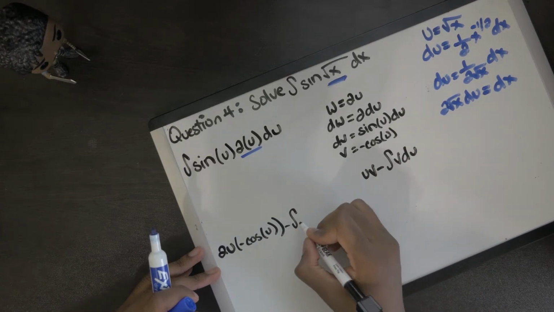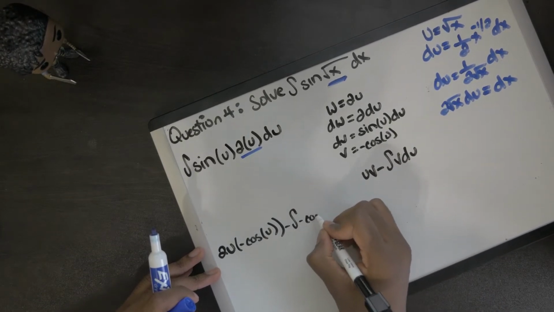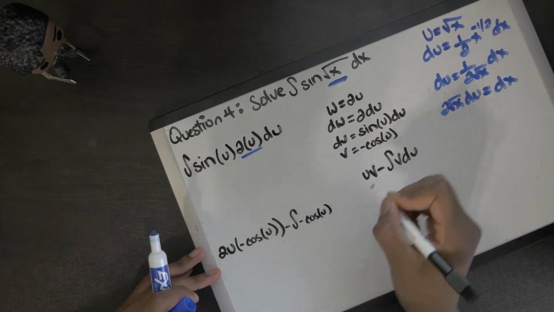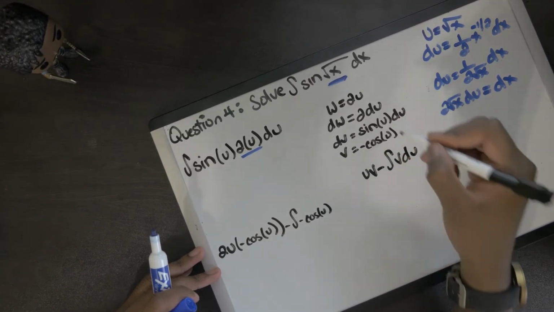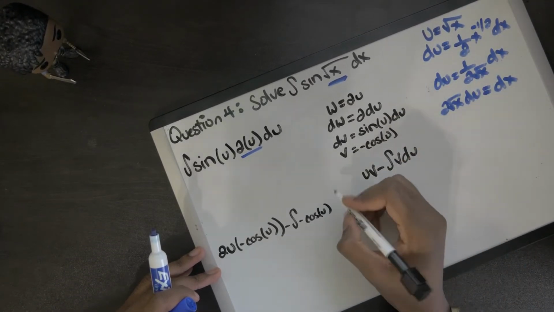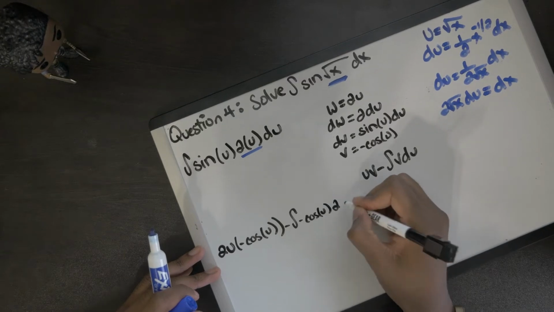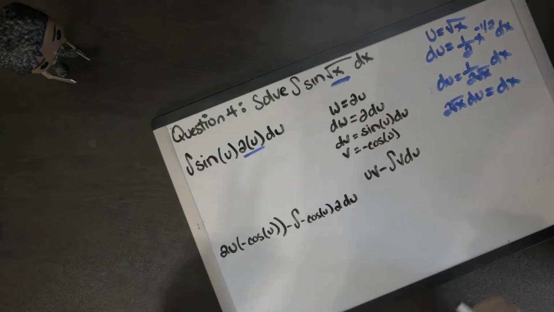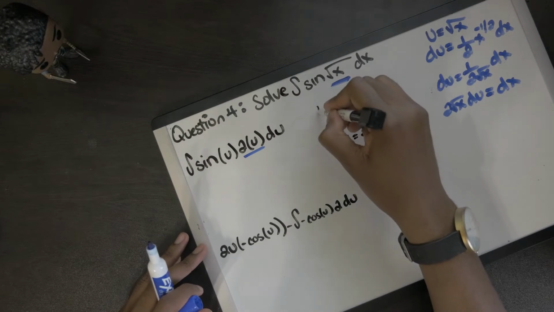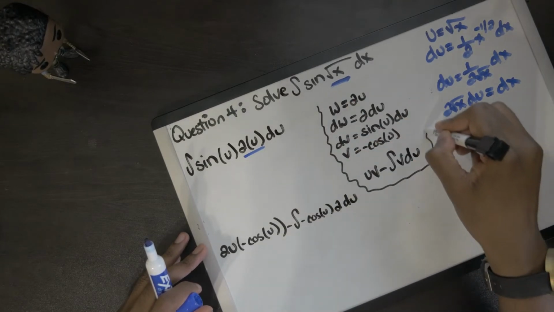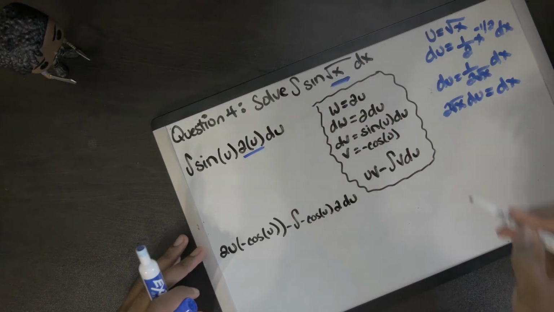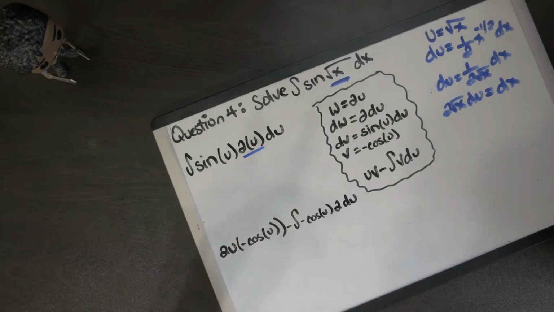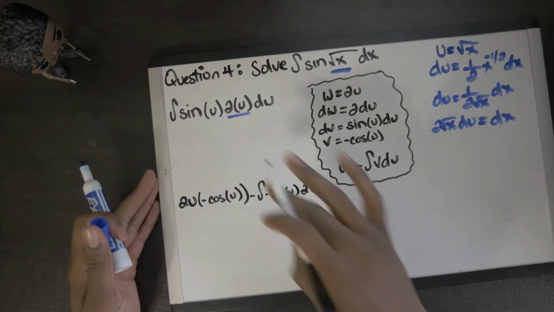So v being negative cosine u, and then du, or dw, which is 2 du. Perfect. So again, I'll go ahead and block this off just so you know we're using that more as our table and our values. So how do we go from this to there?